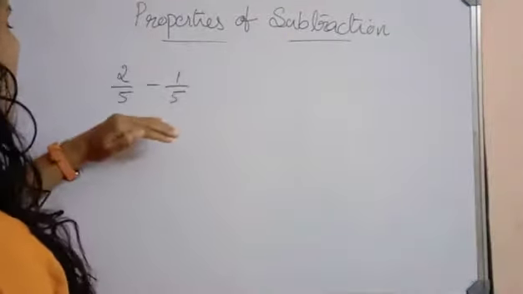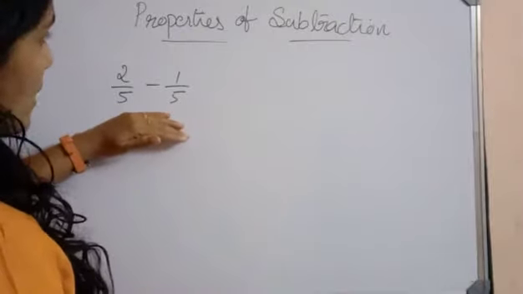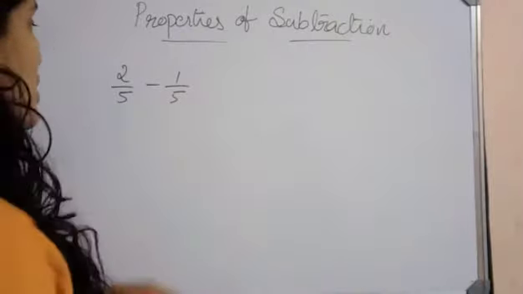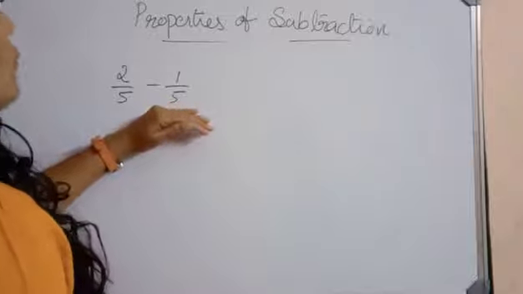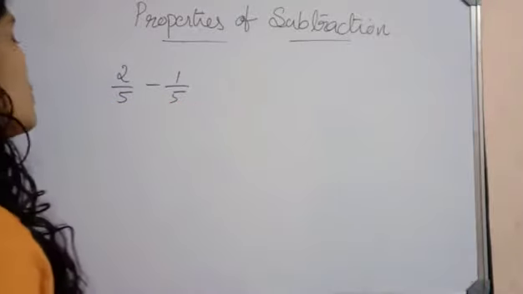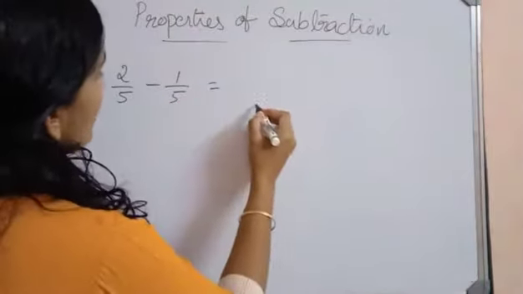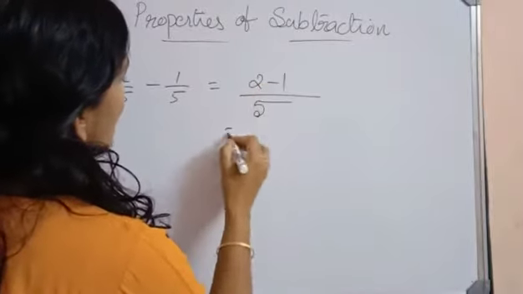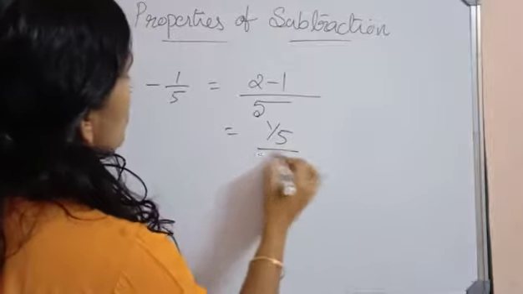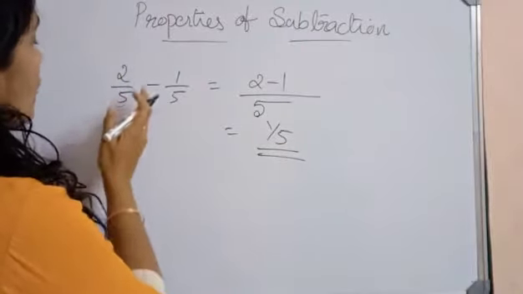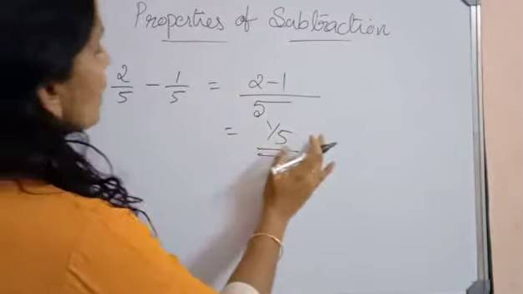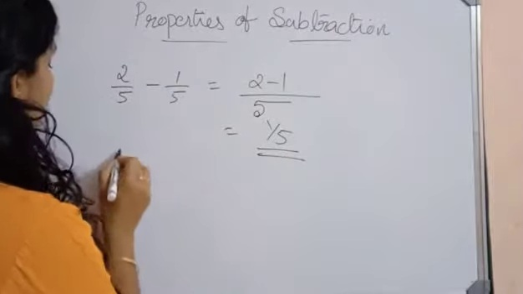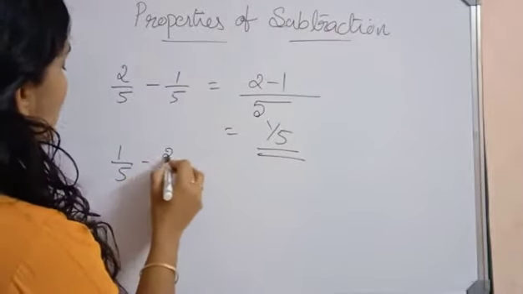Now let's see what happens for the commutative property of rational numbers under subtraction. So we are subtracting 1 by 5 from 2 by 5. So what are you going to get? You will get this as upon 5, 2 minus 1, that is equal to 1 by 5. So when you are considering 2 by 5 minus 1 by 5, you are getting 1 by 5. Now let's see 1 by 5 minus 2 by 5.